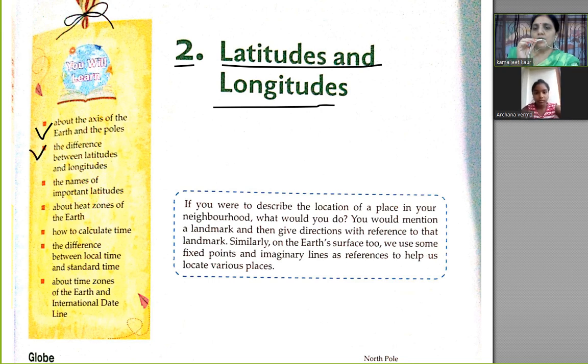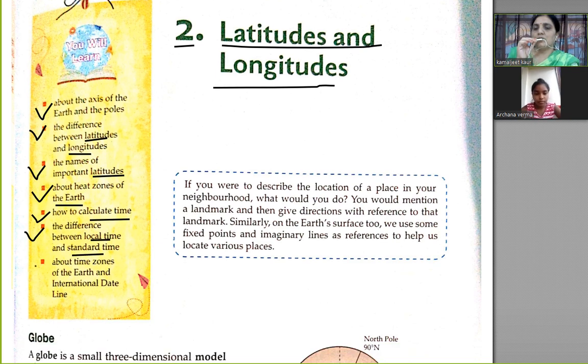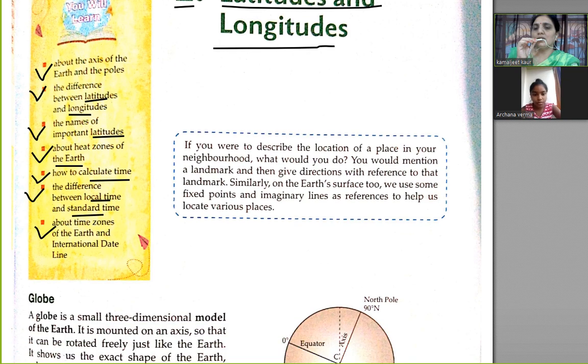Number 2, the difference between latitude and longitude, the names of important latitudes, about heat zones of the earth, how to calculate time, the difference between local time and standard time, about time zones of the earth and the international dateline.